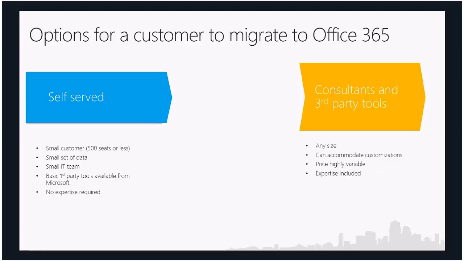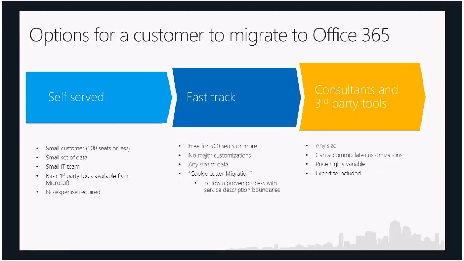Also, at Microsoft we have the Fast Track team. The Fast Track team is Microsoft experts who will guide you to migrate your files into Office 365. This is an onboarding service from Microsoft engineers to help and guide your customers through the migrations. Okay.